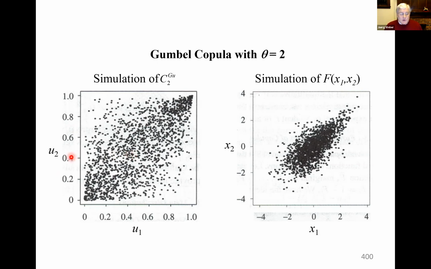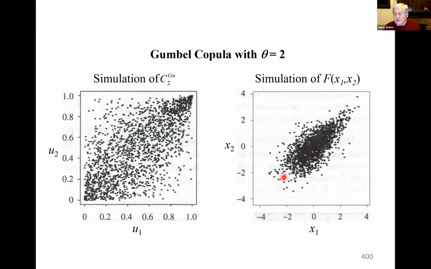And when you have those U's, then you can transform that, go backwards to the X's. Remember, that's done through the inverse function, the quantile function. And here then we have the simulated X1 and X2, if the copula parameter is 2 and the marginal distributions are normal.